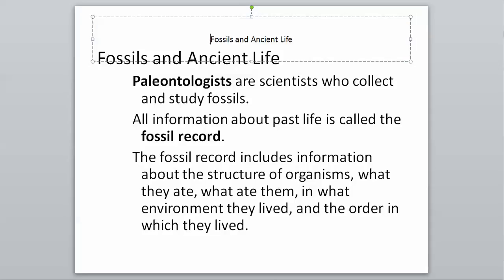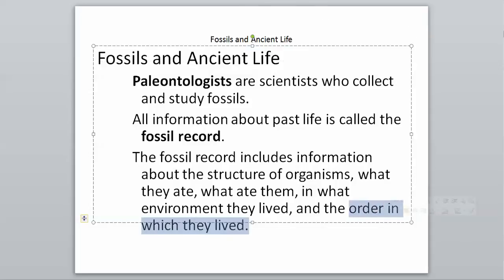We can tell what they ate by looking at fossils, and what ate them. We can tell what environment they lived in, based on certain adaptations they might have had. And we can tell the order in which they lived. This is a big one too. We can tell which organisms are older than one another, and there are two different methods for doing that, which we'll get to later in this video.